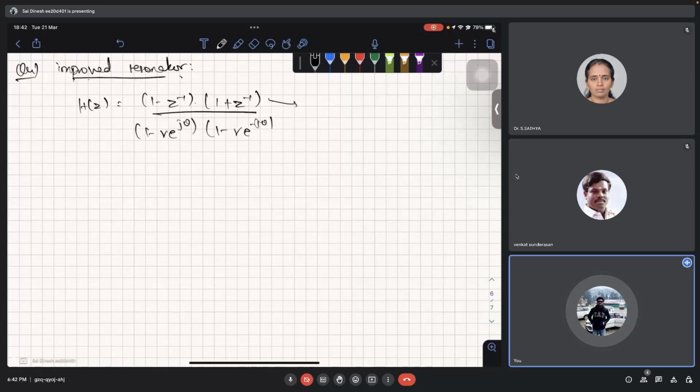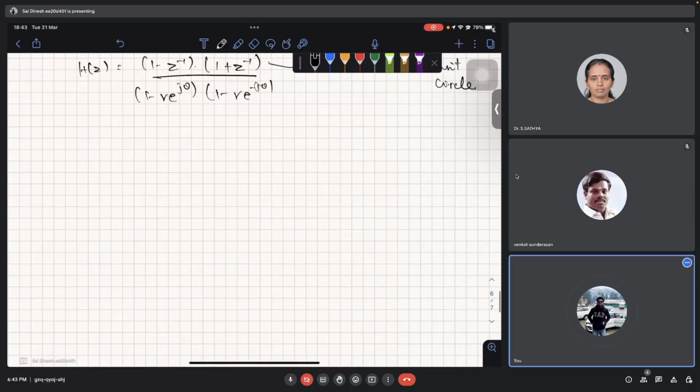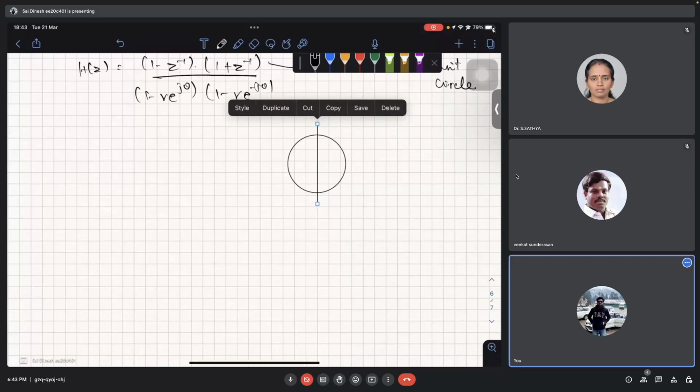Can you tell me where the zeros are? The zeros are on the unit circle. Two zeros and then two poles.